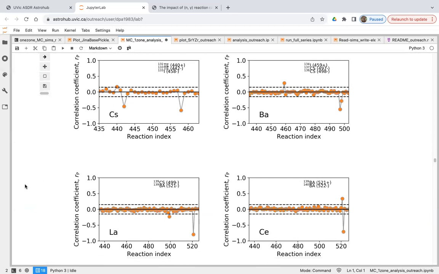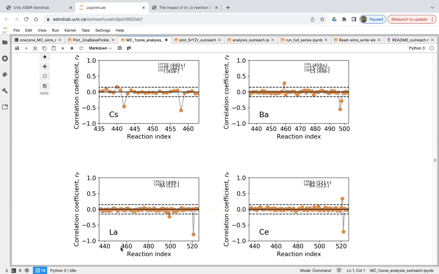Okay, so this is what we call a 4-panel plot. Let's have a look, for instance, at this bottom left plot for lanthanum. First, it shows for what element this panel is made: lanthanum. Then along the x-axis, we have the reaction index.